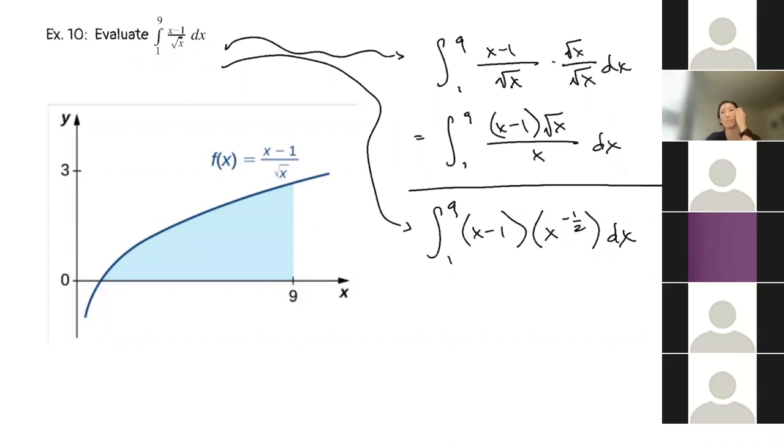Yes, this is a sideways parabola, but algebraically, what can we do from here? Distribute. Okay, why not? We tend to distribute when we see things with parentheses. And so if we distribute, what do we get?